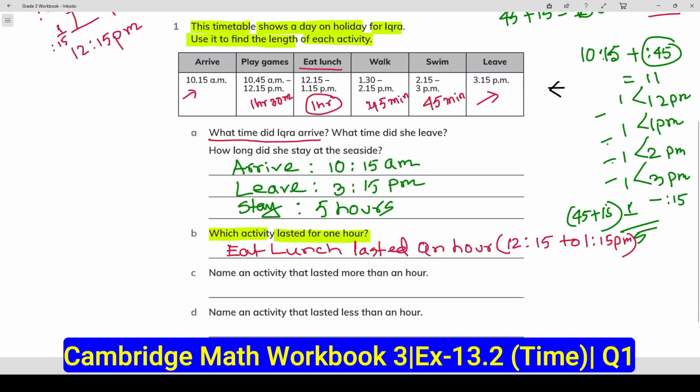Next question, name an activity that lasted more than an hour. So which one is more than 1 hour? Play games, which is 130 minutes.